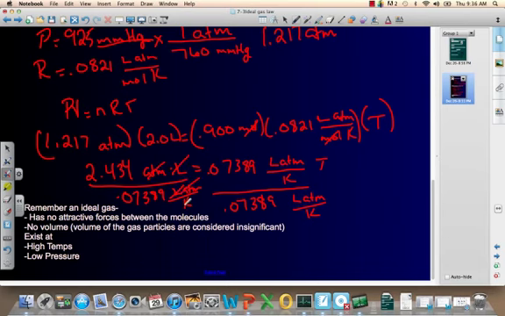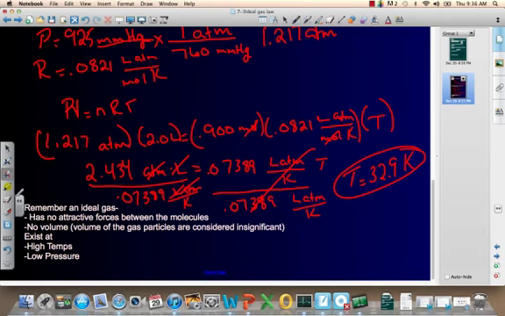This ends up getting flipped, which will cancel this out and that out, and you're left with Kelvins at the end. So it's 2.434 divided by 0.07389. So temperature is equal to 32.9 degrees Kelvin.